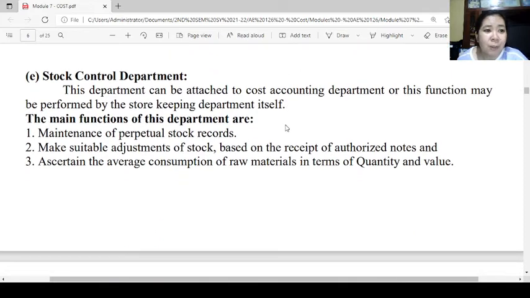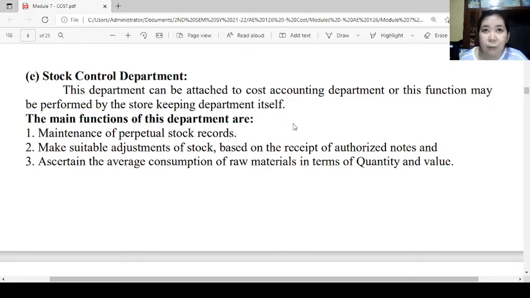For the stock control department, basically this can be attached to the cost accounting department. The stock control department has the following functions. Number 1 is to maintain the perpetual stock record.